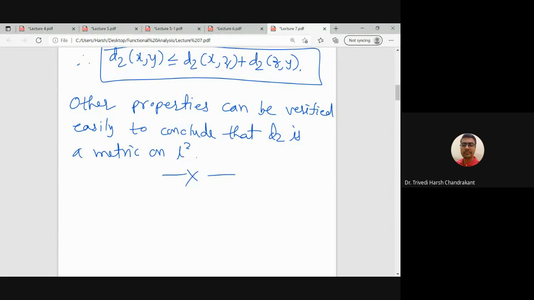So one last example which we want to discuss is the supremum metric, which we can also define on bounded functions. So let T be a non-empty set.